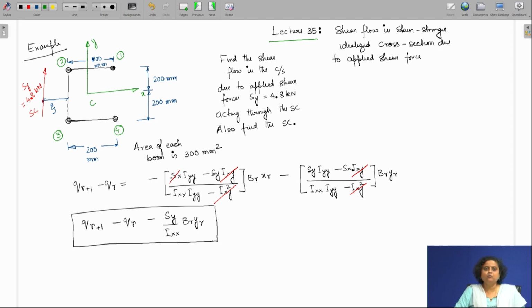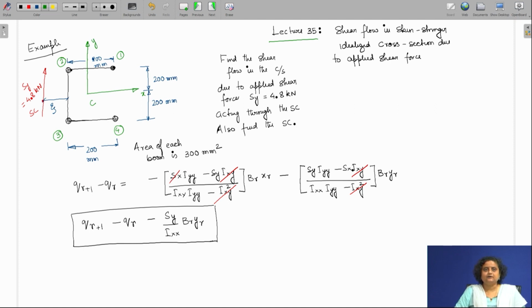There are 4 booms of equal area 300 millimeter square at the 4 corners, which are 1, 2, 3 and 4. A shear force Sy, which is 4.8 kilonewton, is applied in the y direction at a distance through the shear center. So, we have to find out the shear flow in the cross section and the shear center of the cross section.